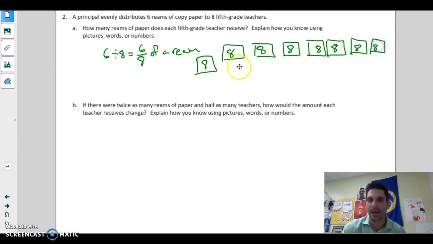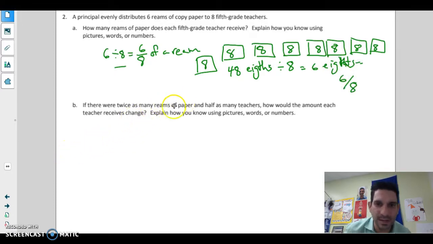How many eighths do I have total? 48, because 8 times 6 is 48. So I have 48 eighths divided by 8 equals 6/8, which is equal to 6 over 8.